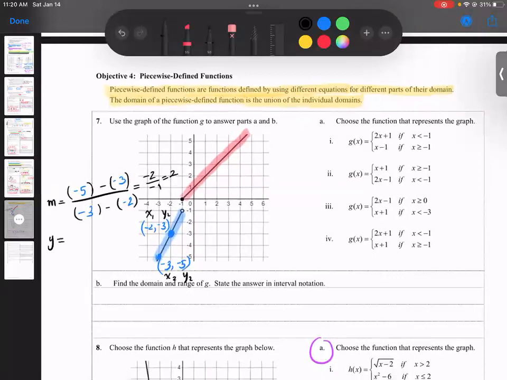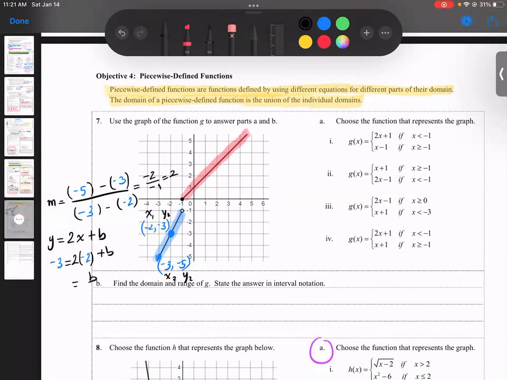Once you have the slope, you can do this: y equals 2x plus b. We're going to figure out what b is, the y-intercept. You can use either point to plug in. Let me use the first one, x1, y1, so y1 is -3. -3 equals 2 times x, x is -2, plus b.